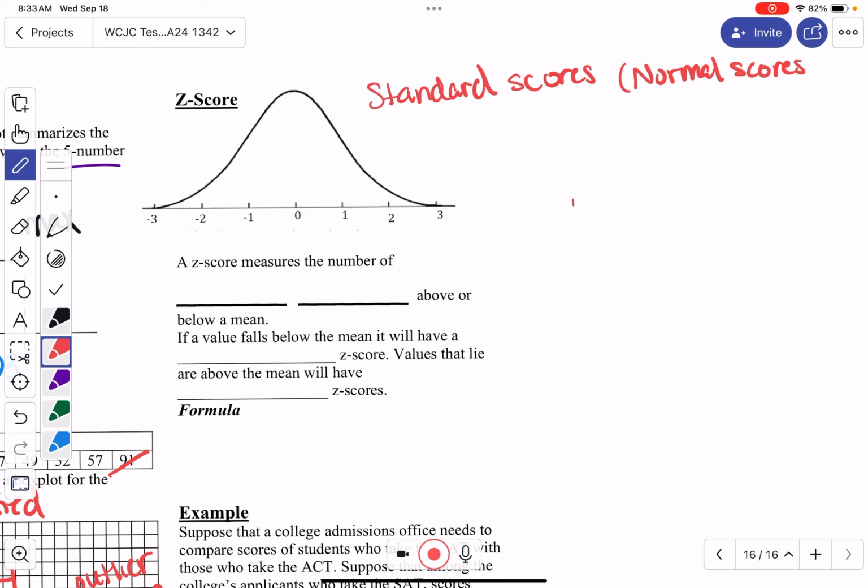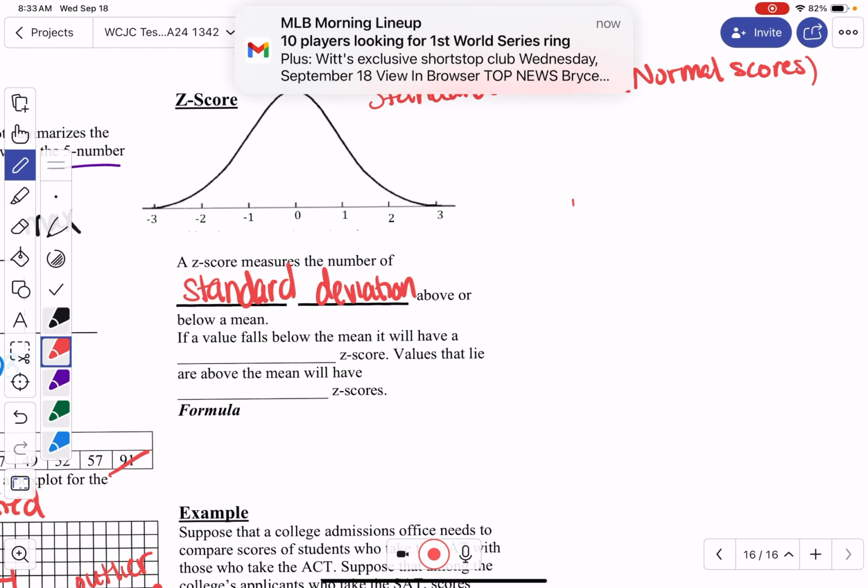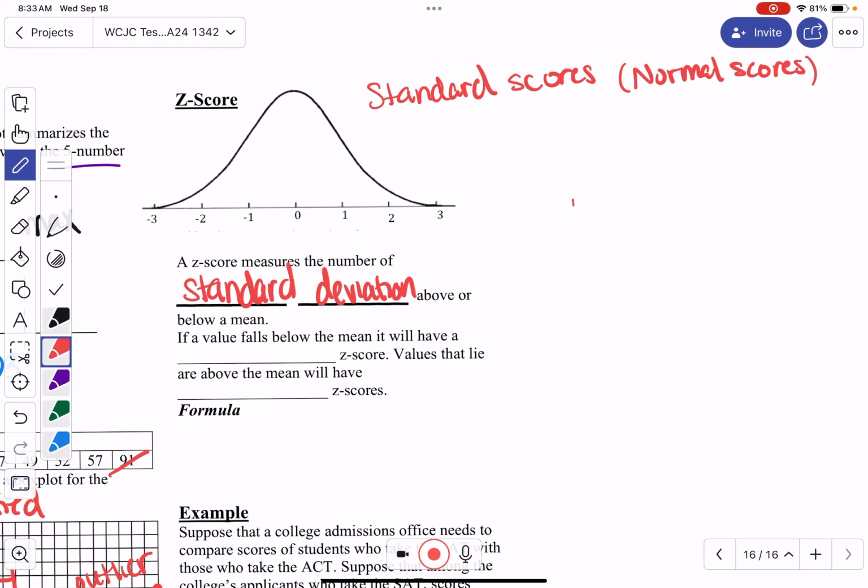They are values that measure the number of standard deviations. And this is important. We're talking about the number of standard deviations above or below the mean. And this only works on a normal curve. It only works for a normal curve.